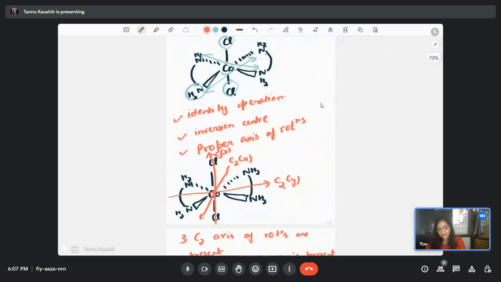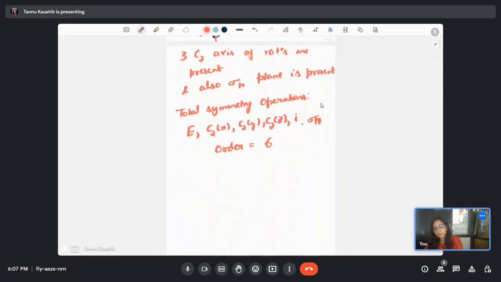So we have another geometry for this molecule.